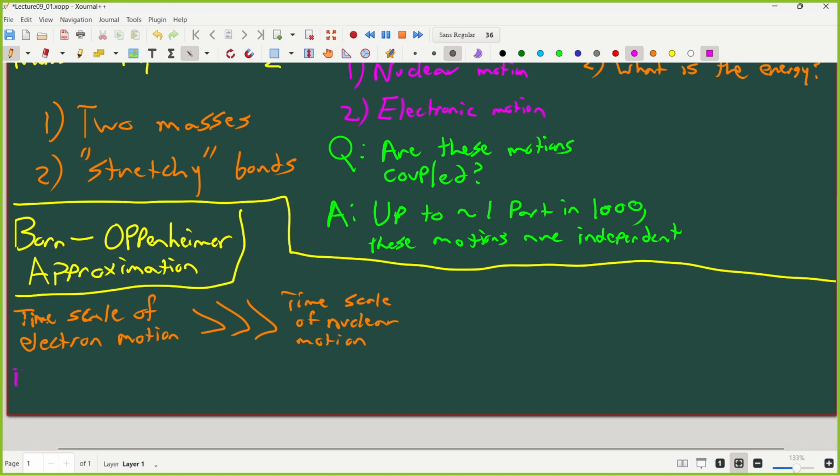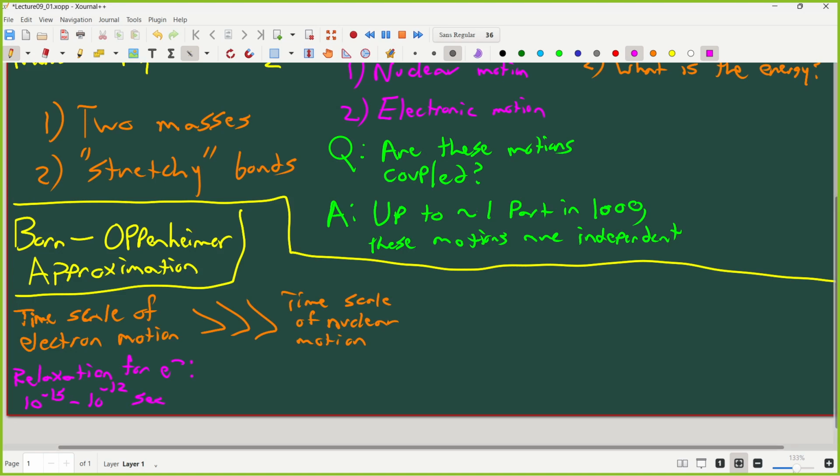The relaxation time for electrons is on the order of 10 attoseconds, roughly 10 to the minus 15 seconds to 10 to the minus 12 seconds. So you excite an electron, and when does it equilibrate back to the starting position? It's about a femtosecond, really, really fast, a very, very short amount of time.